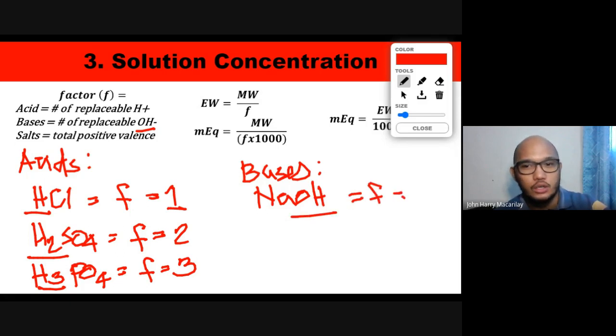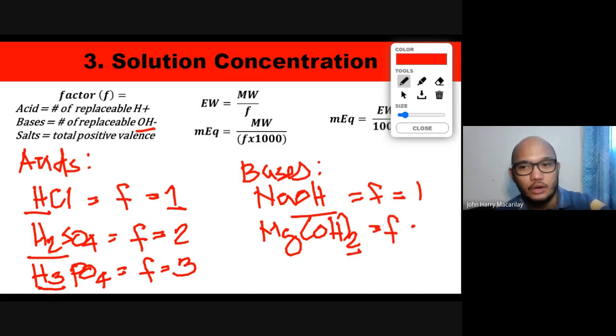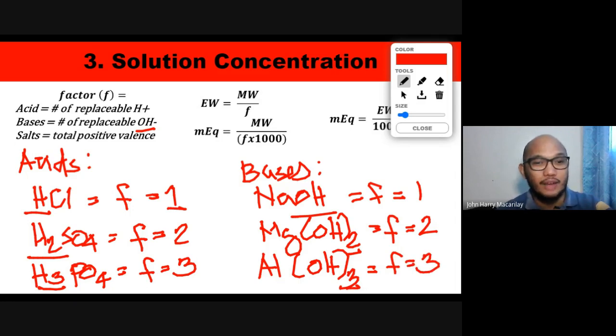So the factor is 1. You have magnesium hydroxide, Mg(OH)2. You have 2 hydroxyl ion. That's why its factor is 2. You have aluminum hydroxide. You have 3 hydroxyl ion. That's why you have a factor of 3.